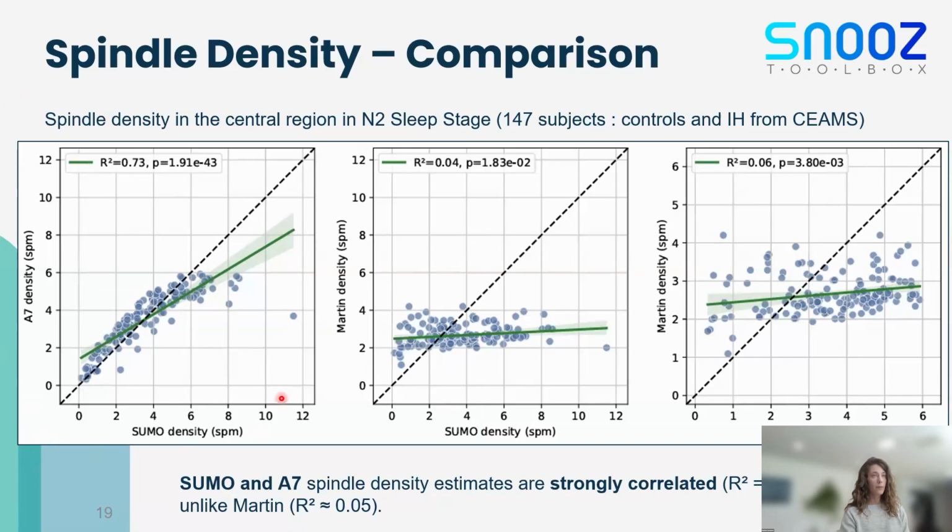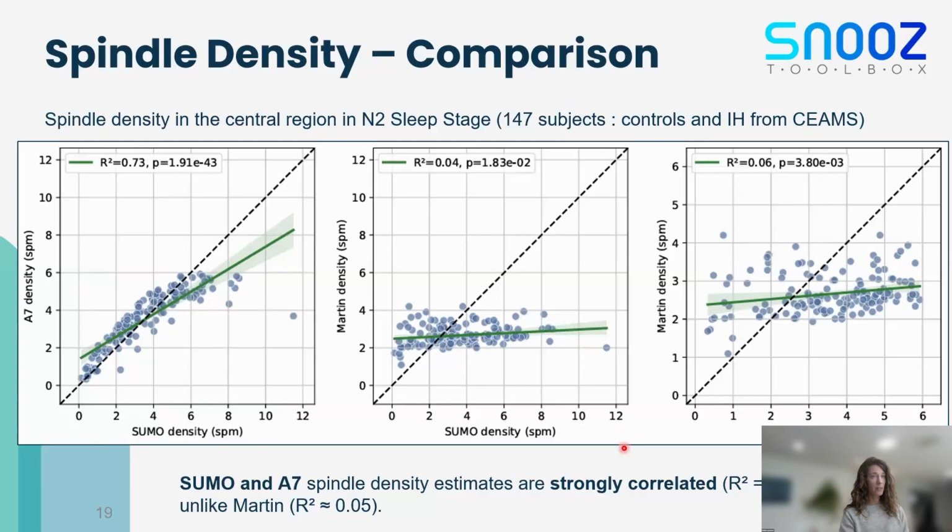The first graph shows the spindle density from A7 detection versus Sumo detection. Their estimates are highly correlated with an R-score of 0.73. We also observe a shift towards higher spindle density with Sumo for subjects with a very high spindle density.